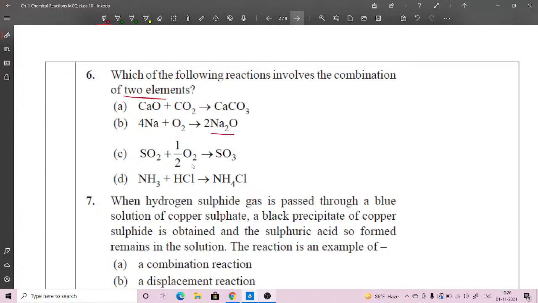C, SO2 plus O2 gives SO3. D, NH3 plus HCl gives NH4Cl. All are examples of combination reactions, but which is the example of a combination of two elements? We know that in option B we have sodium and oxygen. These are two elements, so the correct option is option B.